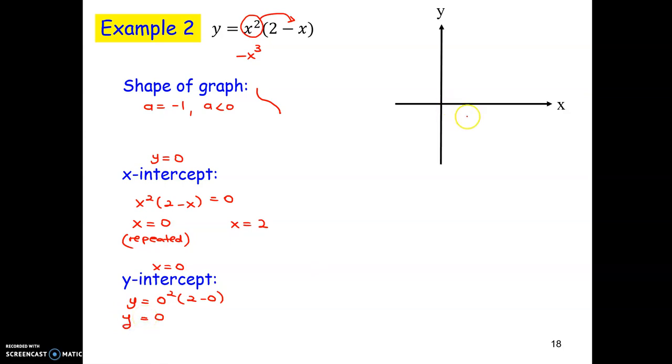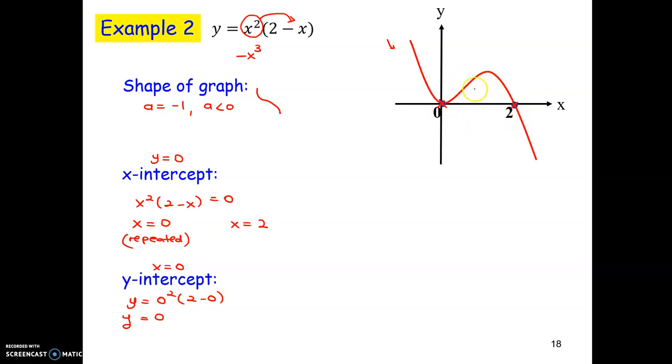Okay, so x-axis, y-axis. Let us put the x-intercepts first. We have 2 points, 0 and 2. So the shape is negative. We should start from the left hand side, meeting 0. But 0 is repeated, so I should reflect back and see 2, and we must cut at 2.